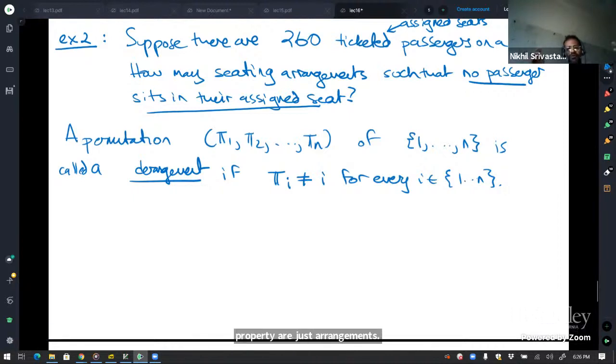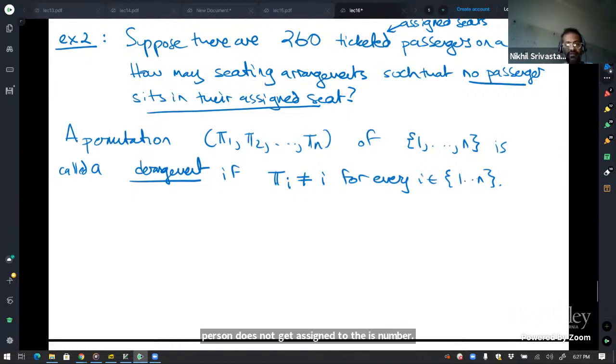Because what are you doing? You have passengers 1 through 260. Each of them was originally assigned to their number, and now you want to permute them so that the ith person does not get assigned to the ith number. So this is just a derangement.